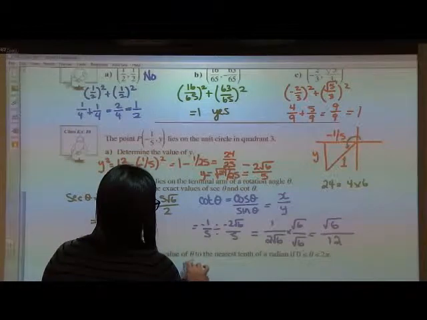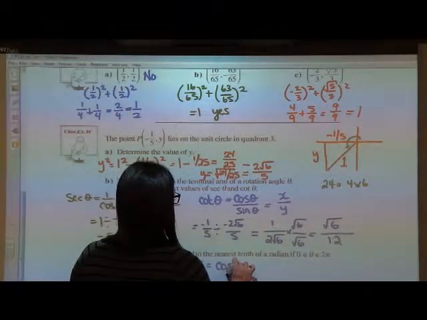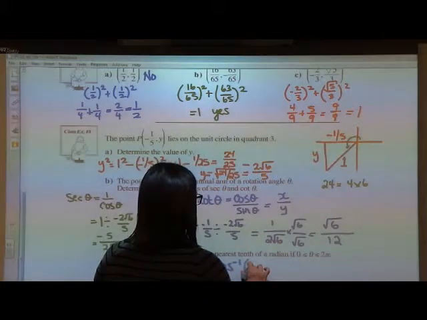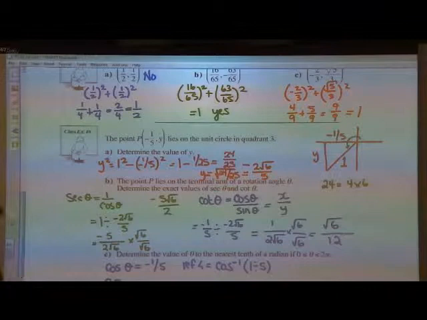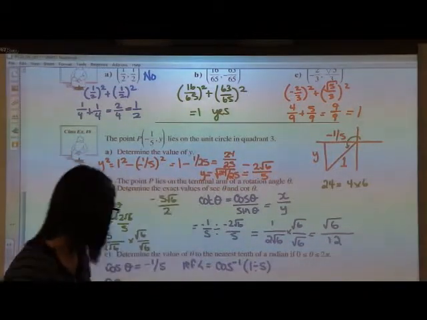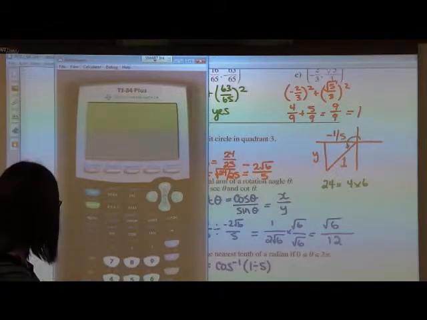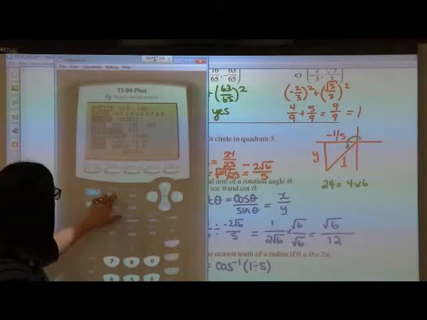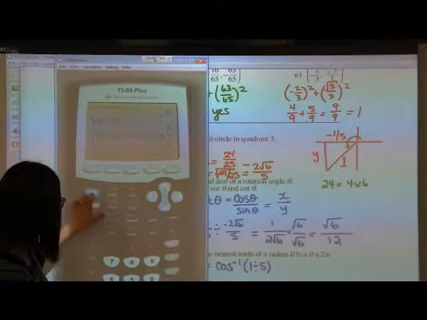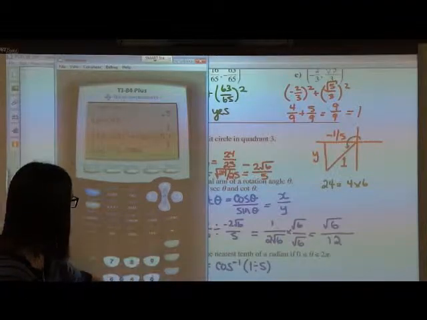I can then calculate my reference angle by going cos inverse 1 divided by 5. I don't worry about the negative. I'm in radian mode, and I need to be to the nearest tenth. So radian mode, and it's cos inverse 1 divided by 5.